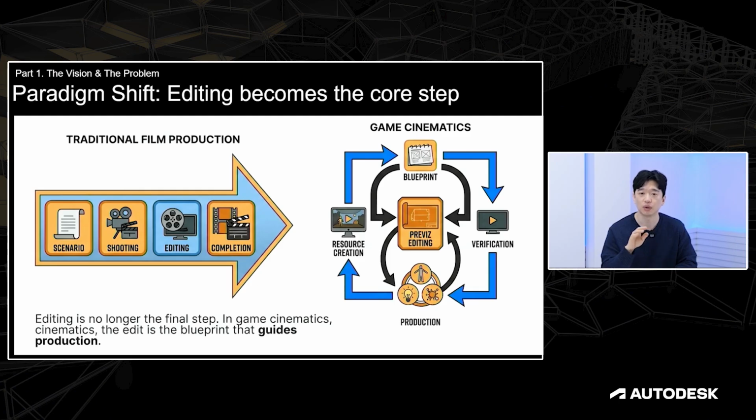Editing is no longer the final step. It now guides production from the very beginning. What used to be a linear process has become an iterative blueprint, becoming the system that connects and drives the entire pipeline.